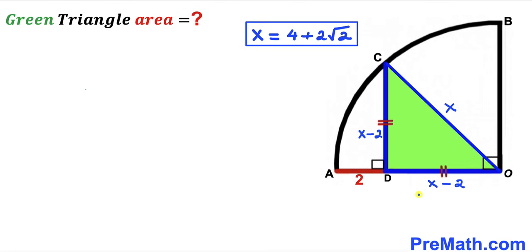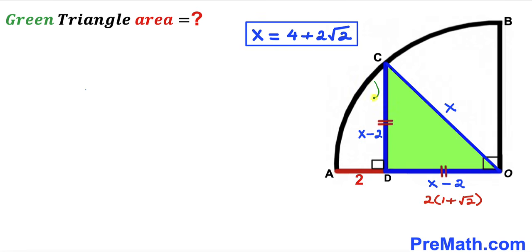So therefore we could write 2 plus 2 times square root of 2. And now I'm going to factor 2 outside. So this is going to give us 2 times 1 plus square root of 2. So thus this side OD length turns out to be 2 times 1 plus square root of 2.